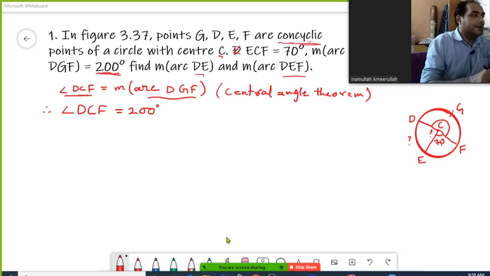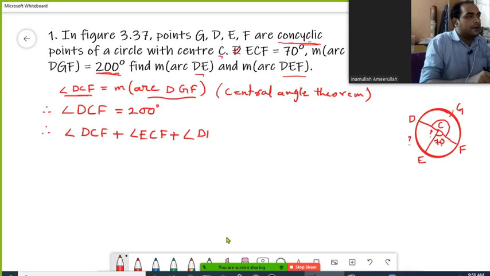So I'll write angle DCF plus angle ECF plus angle DCE. Everybody, track these 3 angles in your figure, is equal to 360 degrees.